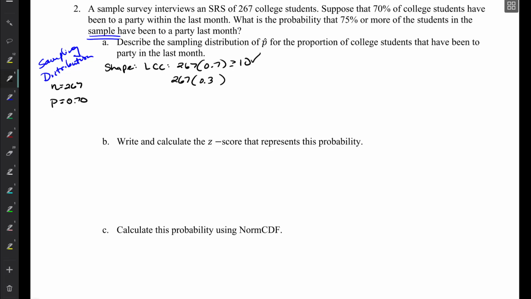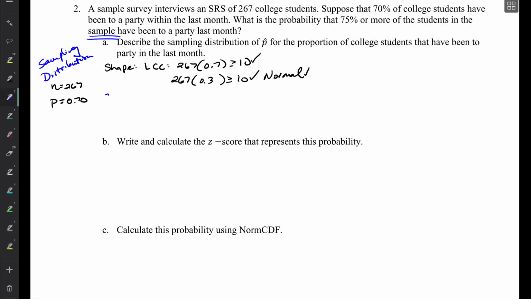Well, if 70% went to a party, 30% did not. And 30% of 267, I don't know what that is off the top of my head either, but I do know it is more than 10. Because I know that 10% of 267 is 26.7, and 30% is more than 10%. So if 10% is more than 10, then 30% will definitely be more than 10. So we can say that the shape is indeed going to be normal because the LCC is satisfied.